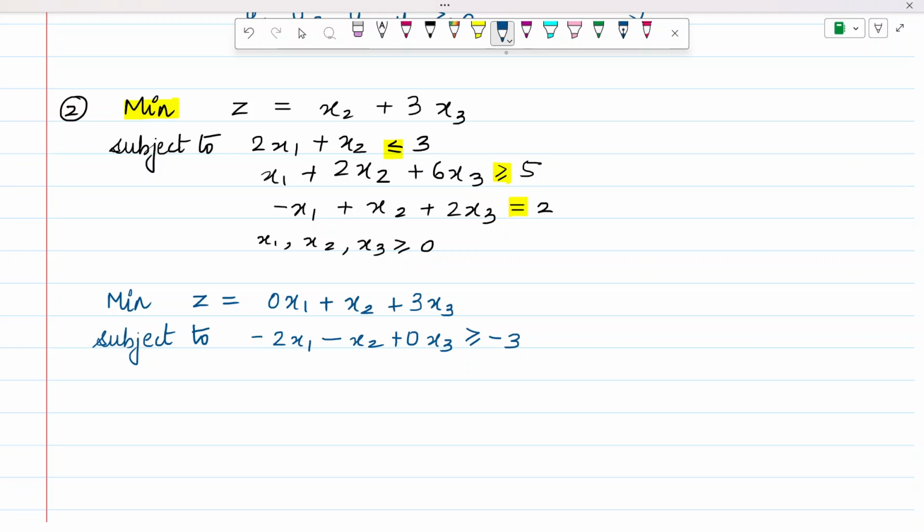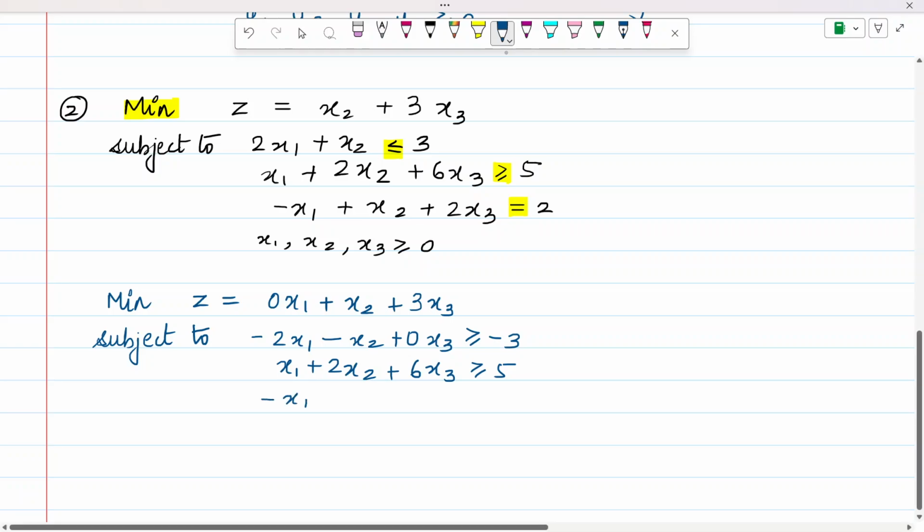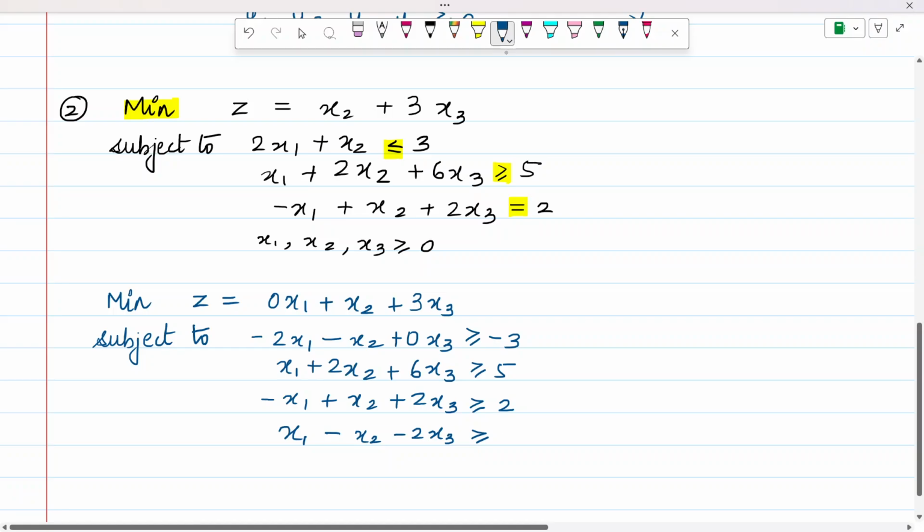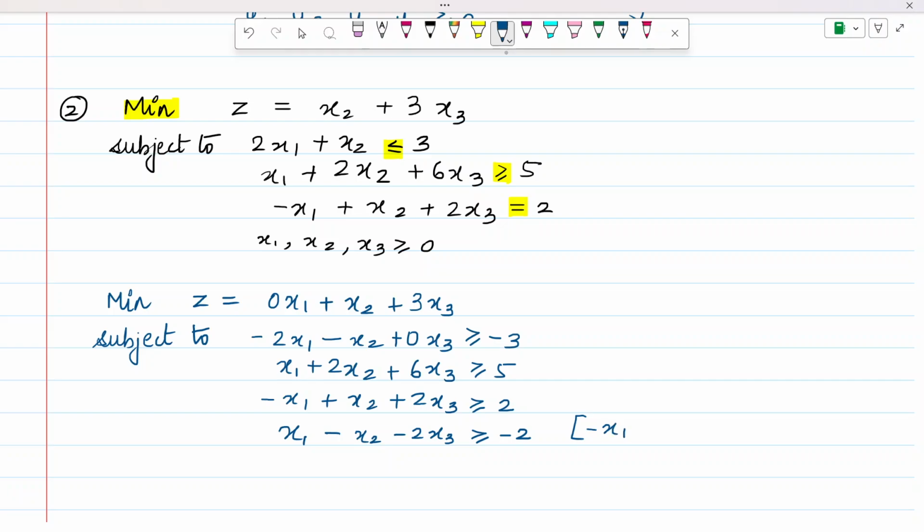Constraint number 2, no changes because it is already greater than or equal to. Constraint number 3 will be split into two parts, -x1, +x2 plus 2x3 greater than or equal to 2. And we'll have a less than or equal to for the same, but that less than or equal to I'll multiply throughout by negative. So I'll get x1, -x2, -2x3 greater than or equal to -2. I'll tell you this was previously this one.